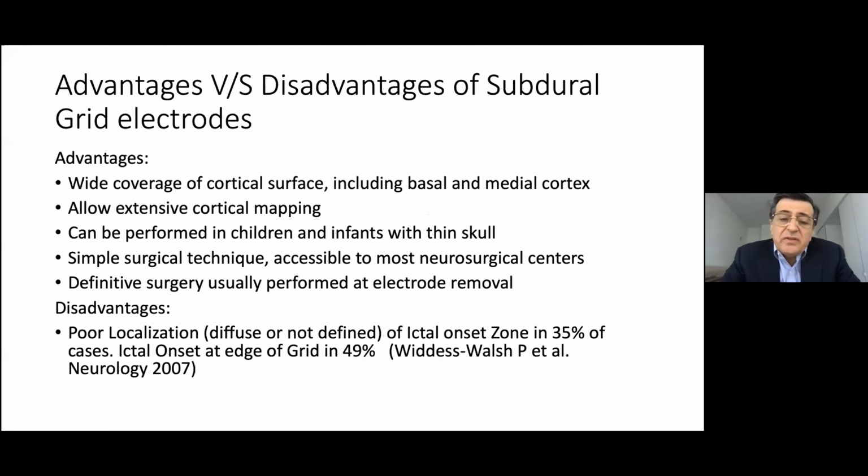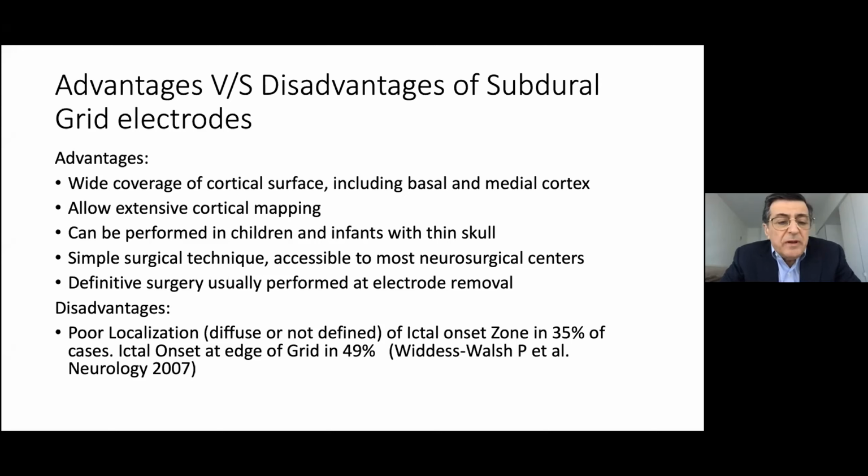What are the advantages and disadvantages of subdural grid electrodes? The advantages are they offer wide coverage of the cortical surface, including the basal and medial cortex. They allow extensive cortical mapping at leisure. They can be performed in children and infants with thin skull. It is a simple surgical technique that most neurosurgeons can master, and it is accessible to most neurosurgical centers who are not equipped to do SEEG.